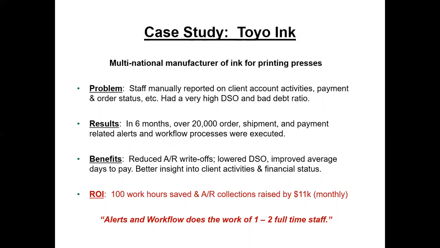Toyo Inc. calculates a savings of over 100 staff hours every month through the automation of Sage Alerts and Workflow. And they saw an increase in their monthly collections of roughly $11,000. They estimated that Sage Alerts and Workflow was doing the work of 1 to 2 full-time staff members.